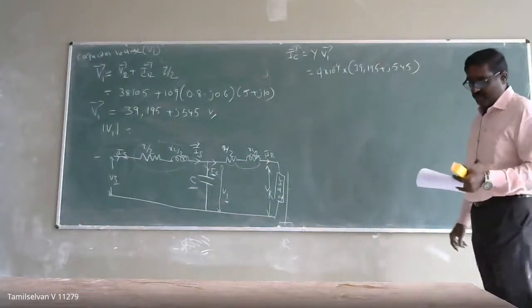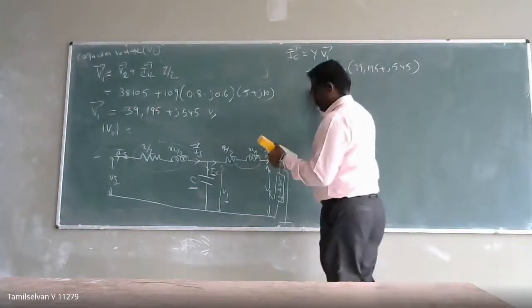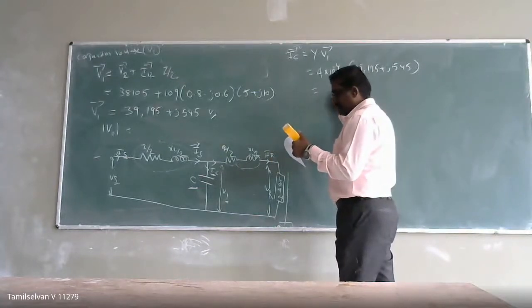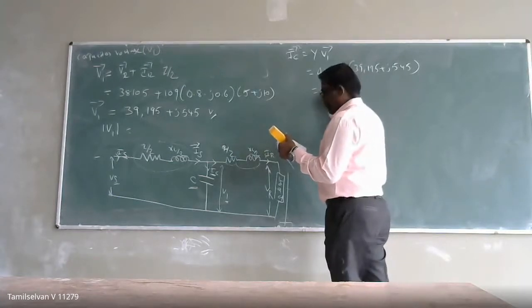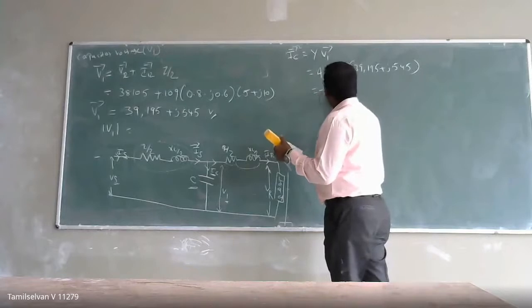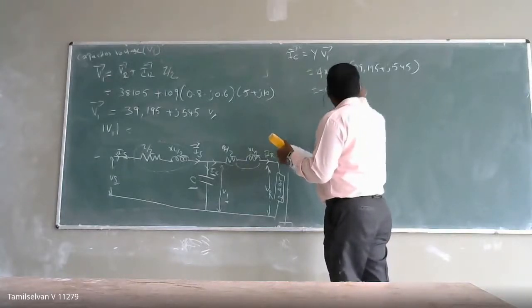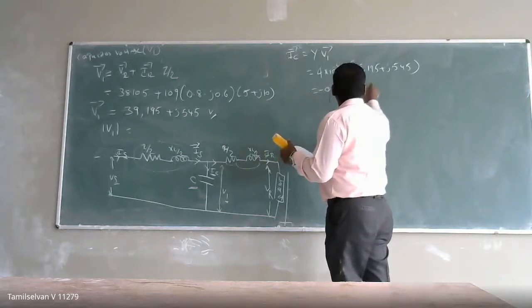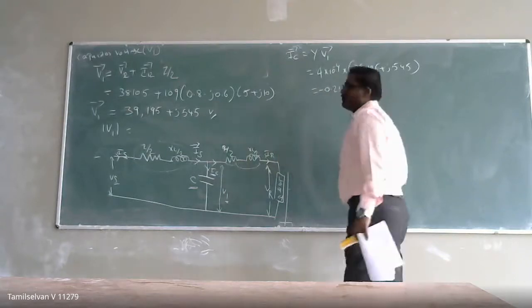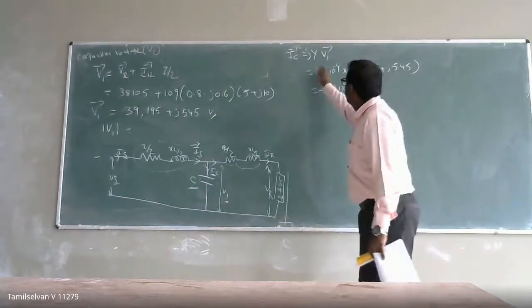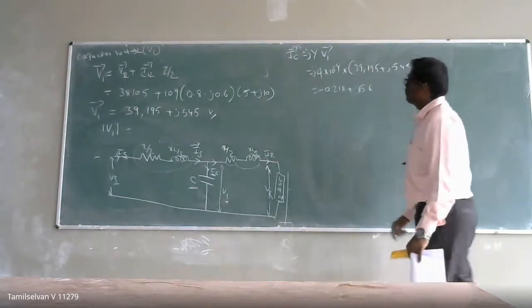If you multiply, you will get minus 0.218 plus j15.6, because it is a j vector.